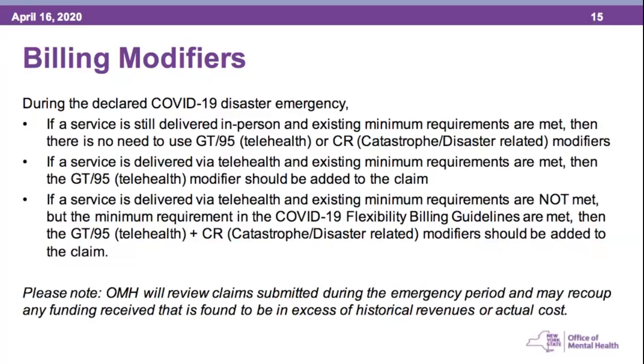Can you, this is Peter again, can you repeat the question? I think the question is asking, if there are some services rendered in person and some rendered via telehealth. I would suggest that you would add the telehealth modifier in that case. Okay, that is the nature of the question, Peter. Yes.